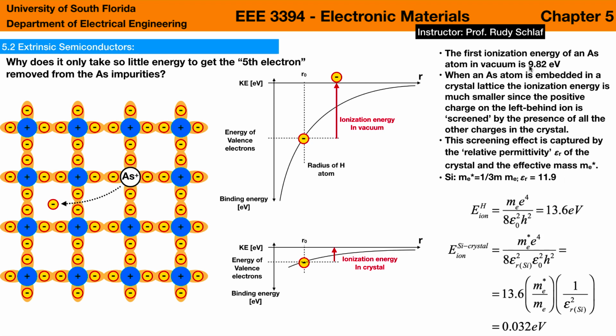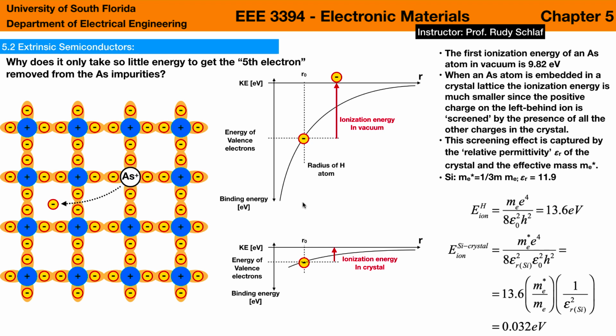And when you look it up, you will actually find that the ionization energy of an isolated arsenic atom in vacuum is 9.82 electron volts. So how do we get from this almost 10 electron volts to 0.03 to get this electron away from the arsenic just because it's inside the silicon lattice?